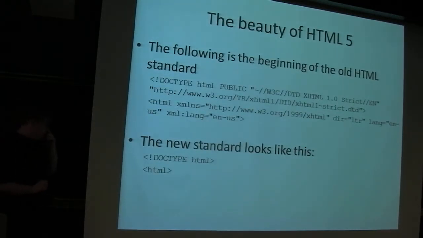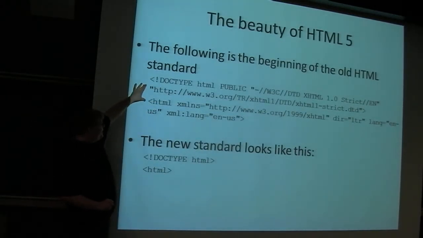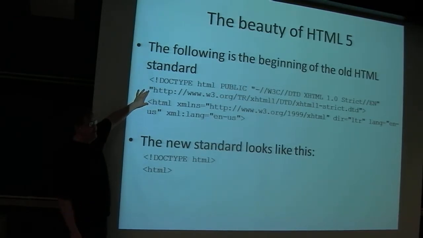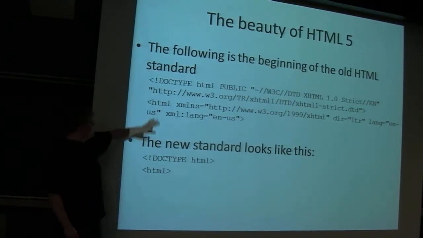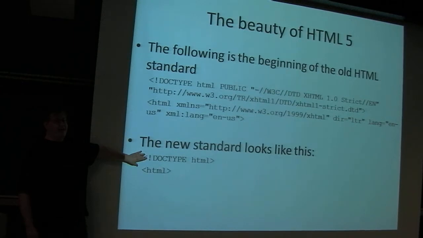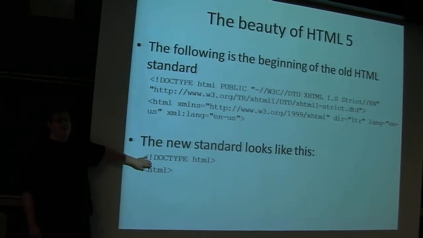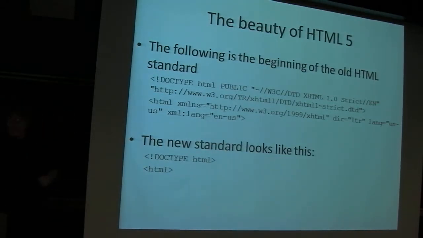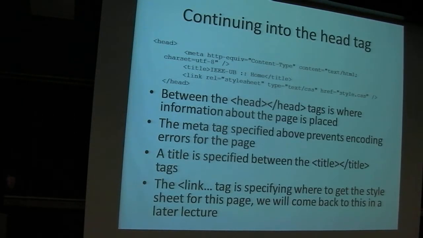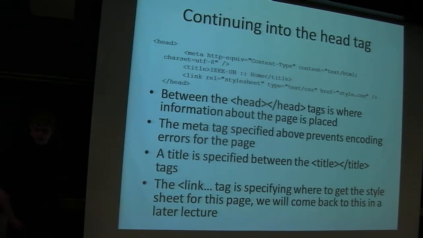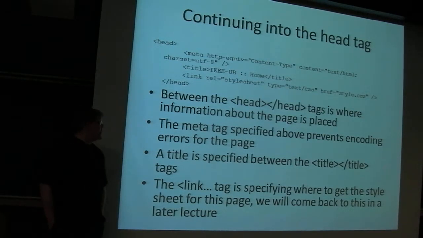So the beauty of HTML5, this is what you used to have to write at the very top of every HTML document to get it to validate. This here is HTML5. Once again, we cut down on the bloat completely. So continuing into the head tag, information gets placed here, like I said.